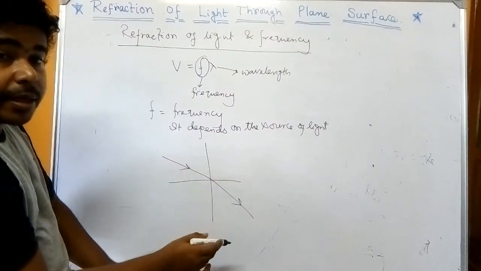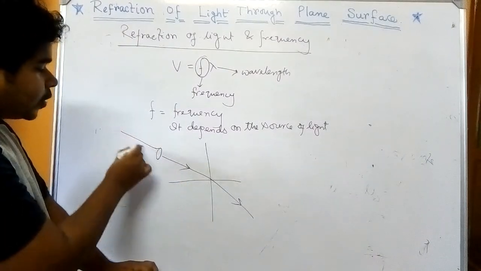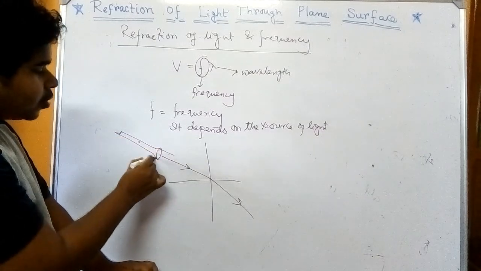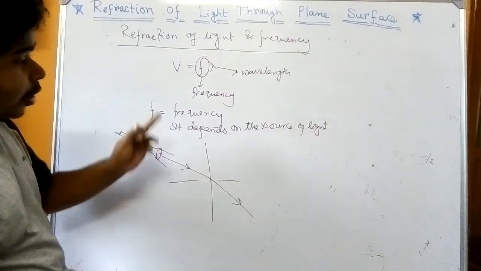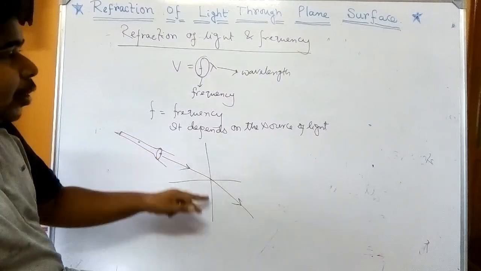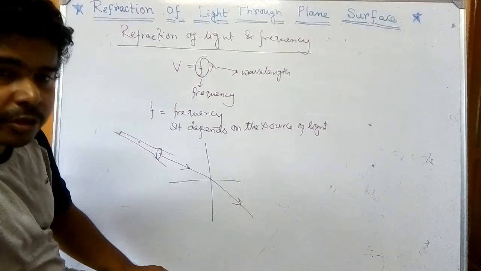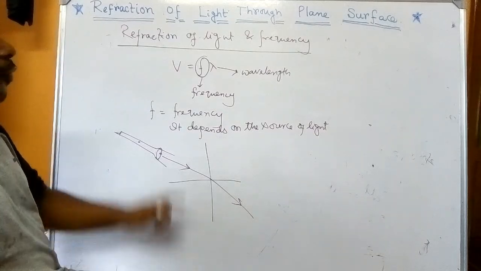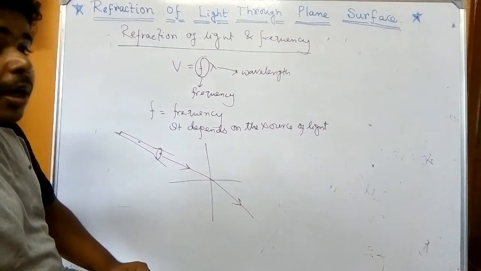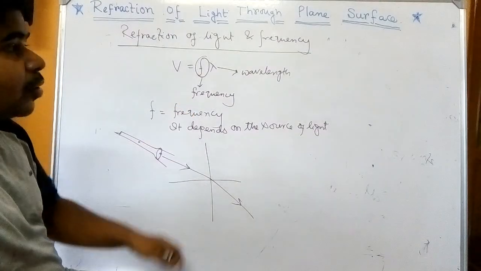The light ray bends due to the change in speed, but the source is not changed, and frequency depends on the source. That's why due to refraction the frequency is not changed. The velocity is changed when it goes from one medium to another, but the frequency stays constant.